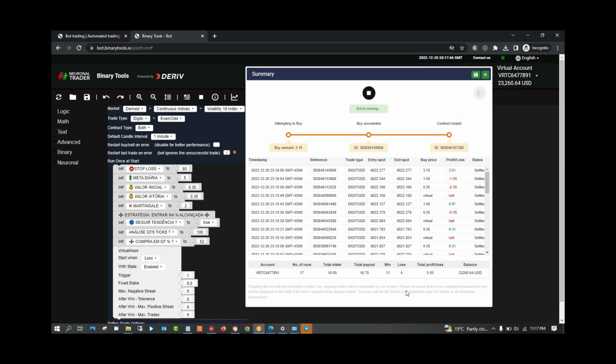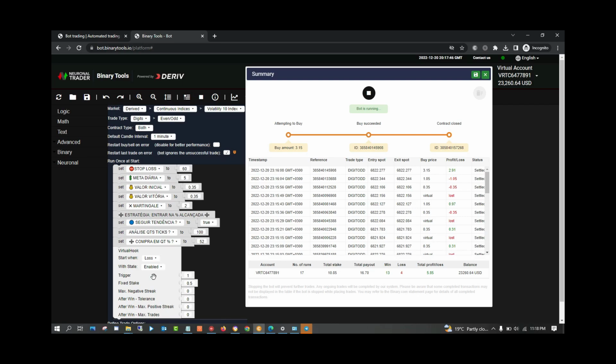Now we see we have 17 losses on this board, but it is only counting 4. So why is it counting 4? It is only counting 4 because these are the real trades. It is not counting the virtual losses that we have gone through, right?